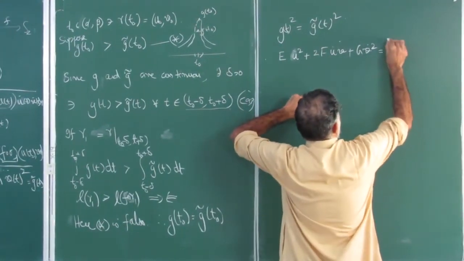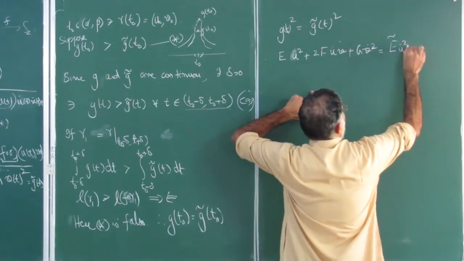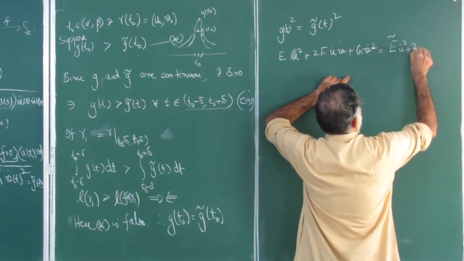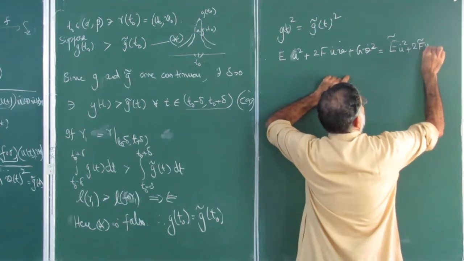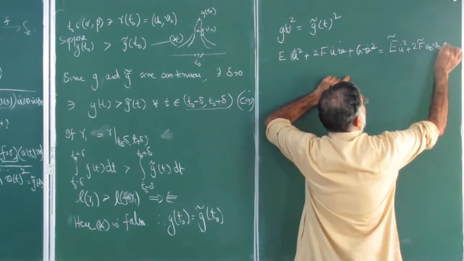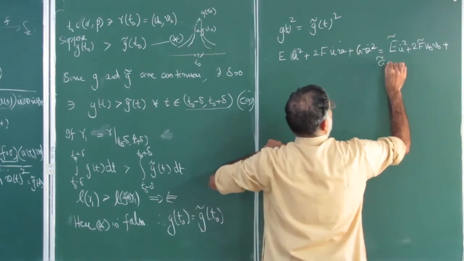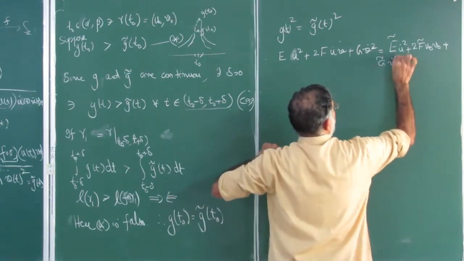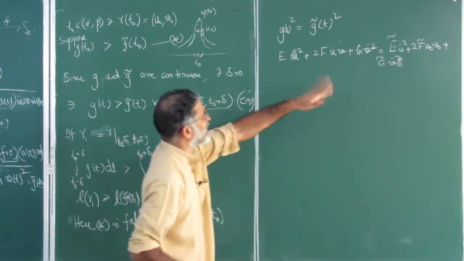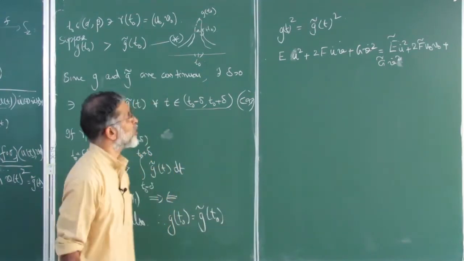Here it is: Ẽ u̇² + 2F̃ u̇ v̇ + G̃ v̇². The two are equal, evaluated at those points.